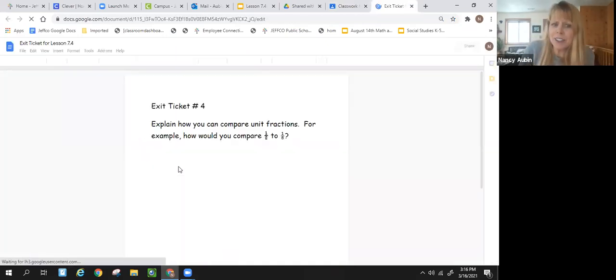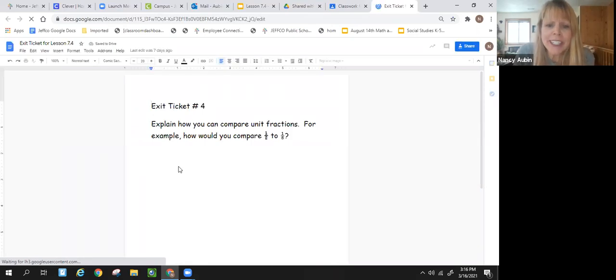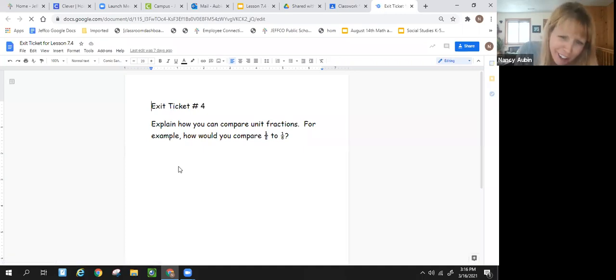You're going to answer and then you're going to submit it or turn it in. Do not try to share it. Make sure you turn in the assignment and I will get it and be able to grade it. Explain how you compare unit fractions. For example, how would you compare 1/2 to 1/8 and how do you know which one is greater?